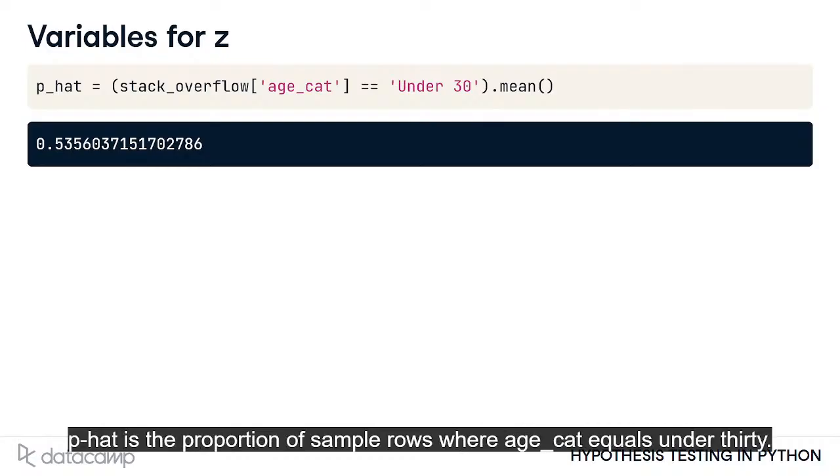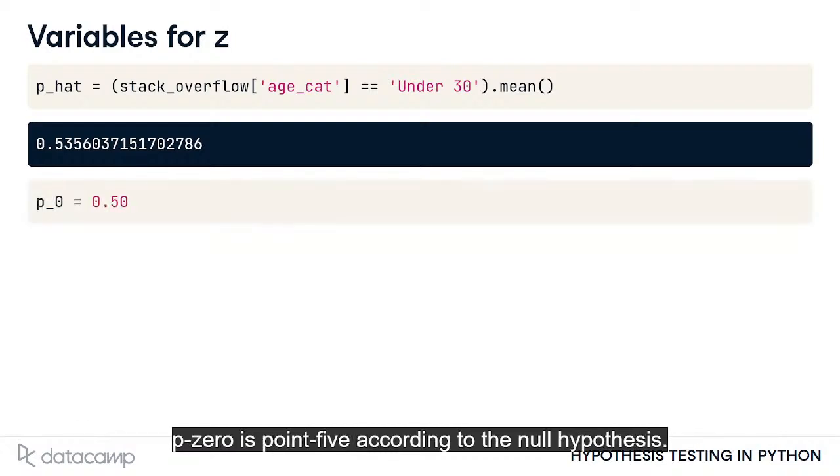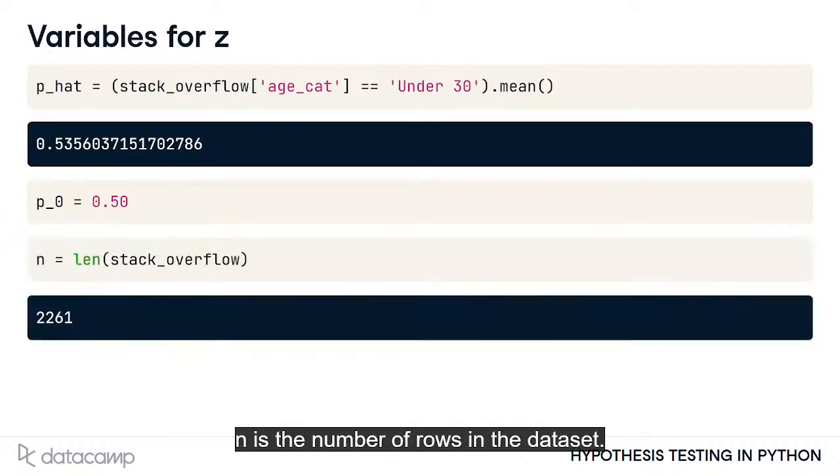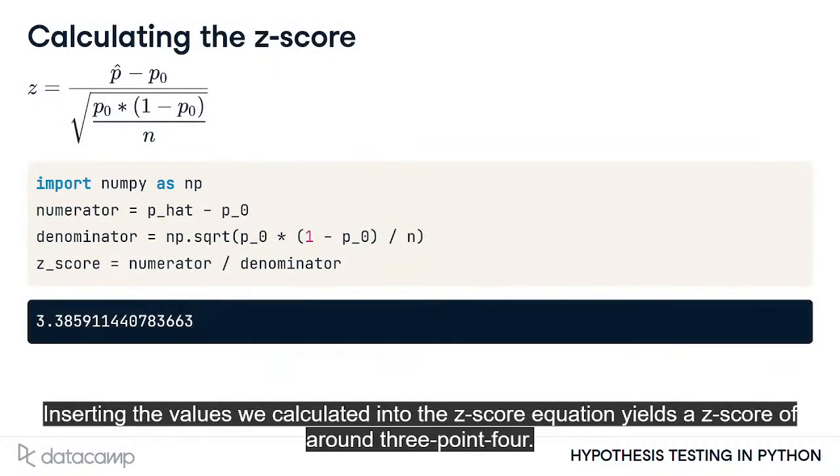P hat is the proportion of sample rows where age_cat equals under 30. P0 is 0.5 according to the null hypothesis. N is the number of rows in the dataset. Inserting the values we calculated into the z-score equation yields a z-score of around 3.4.